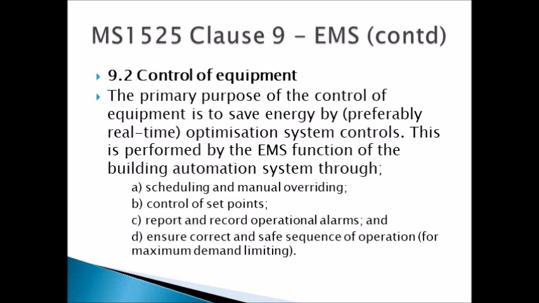For example, if TNB set your building to operate at certain kilowatt in any time of the day, and if you exceed that, there is a penalty and you have to pay extra. So you can use EMS to prevent this from happening.